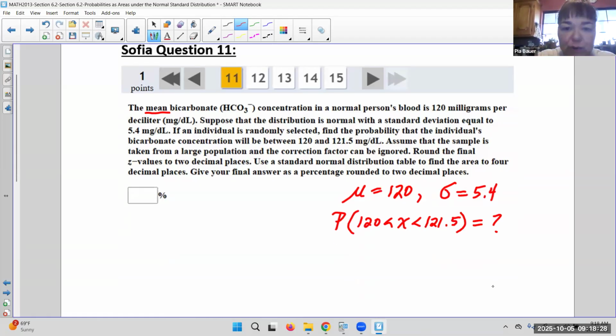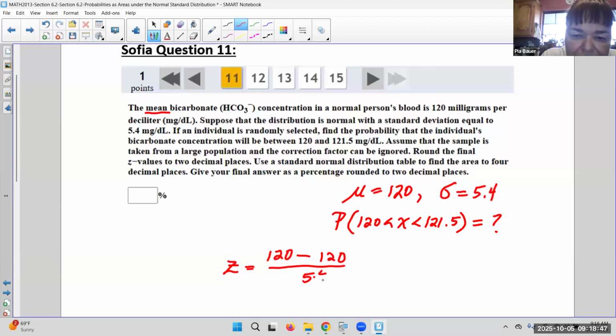So we really have two X scores to change to Z scores. So I'm going to take Z and I'm going to take 120 minus the population mean, that's 120. So that should turn out to be a 0, because it's equal to the mean.